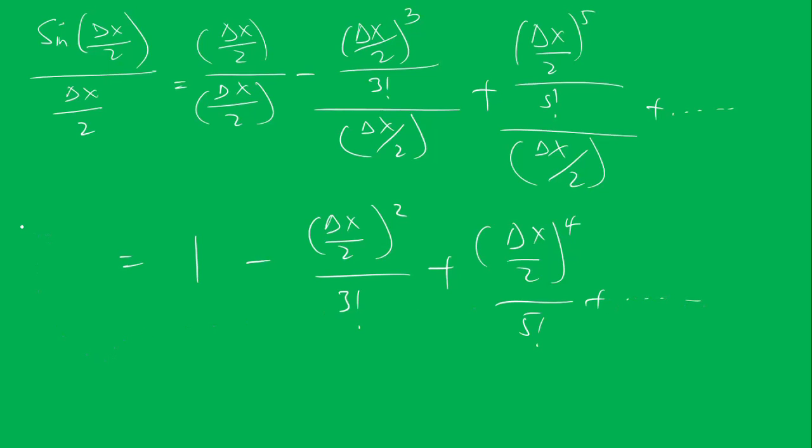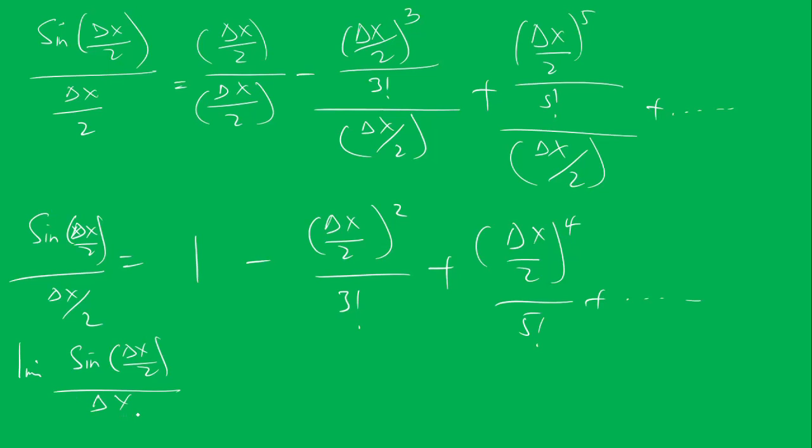Now, we now have this all over delta x all over 2. So the limit of sine delta x all over 2 all divided by delta x all over 2 when delta x tends to 0 will now be 1.